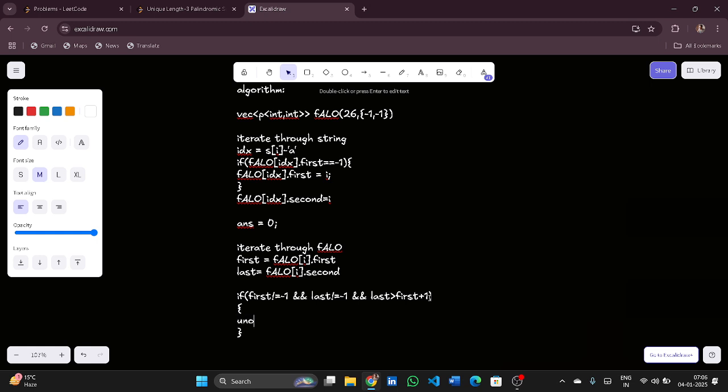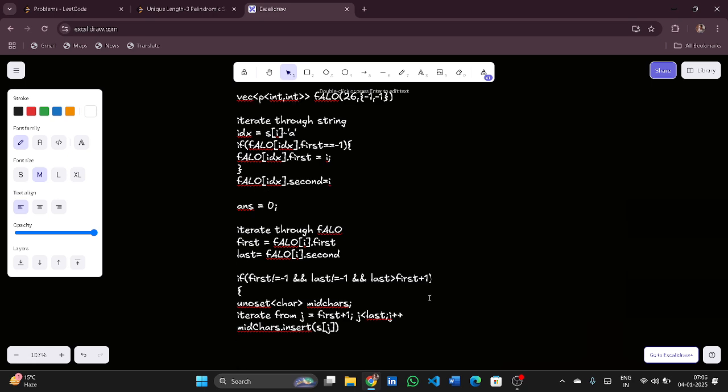Now an unordered set of characters, let it be mid characters. Now iterate from j is equal to first plus 1, while j is less than last, and insert s of j into mid characters.